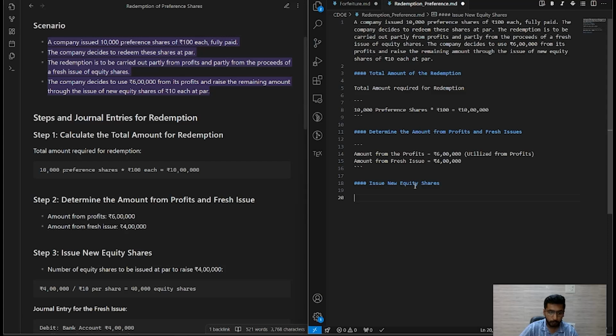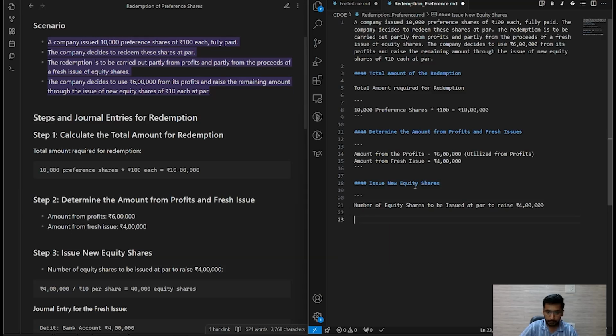For that, the number of equity shares to be issued at par to raise rupees 4 lakhs. How much amount do we have to raise? We have to raise rupees 4 lakhs.